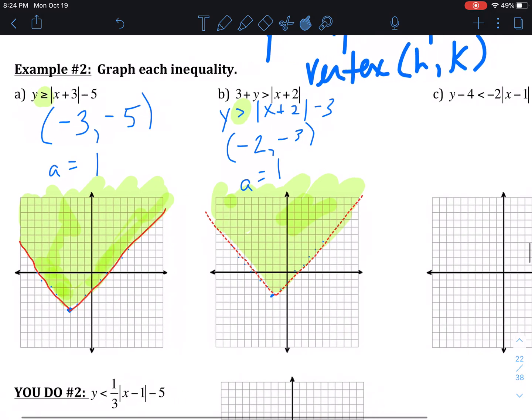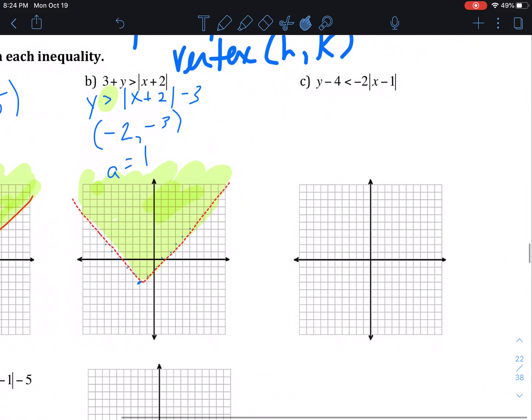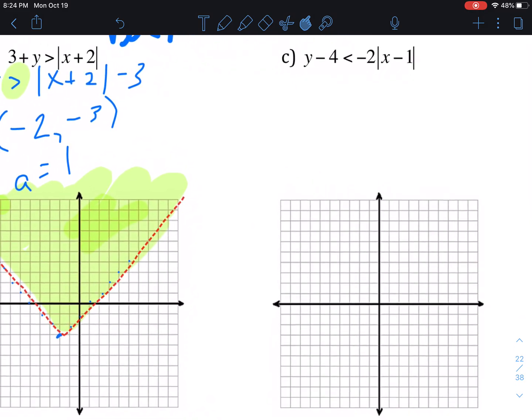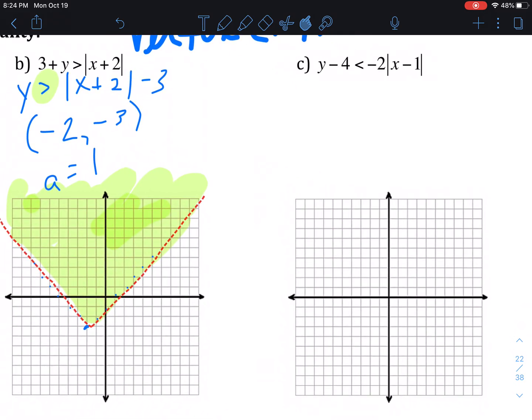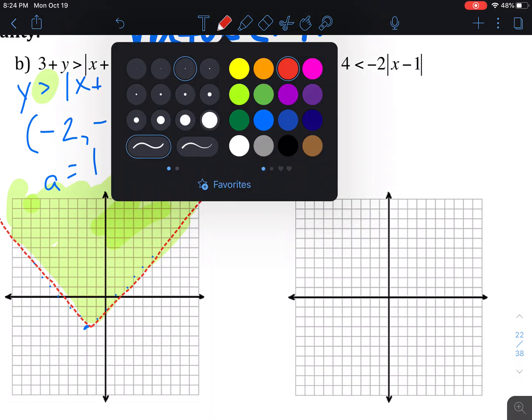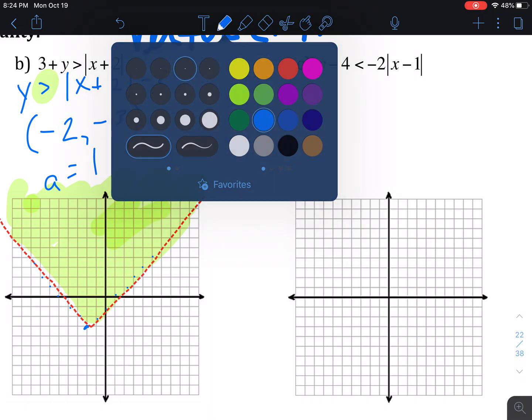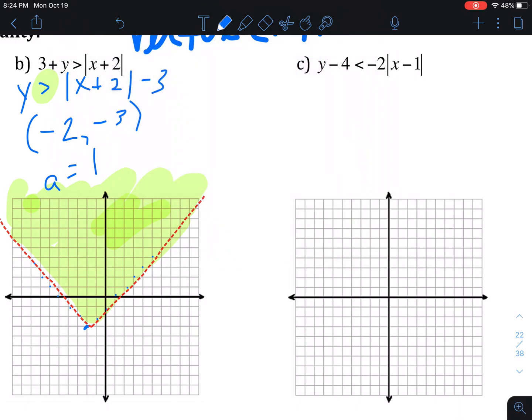Now let's move on to C. This is another one that's not ready to graph quite yet. y is not by itself. I need to add 4.